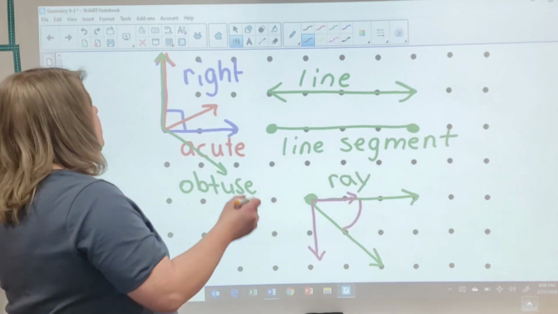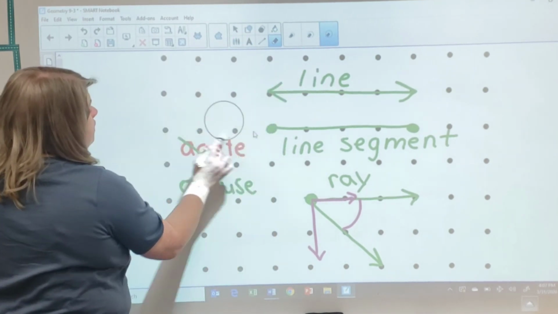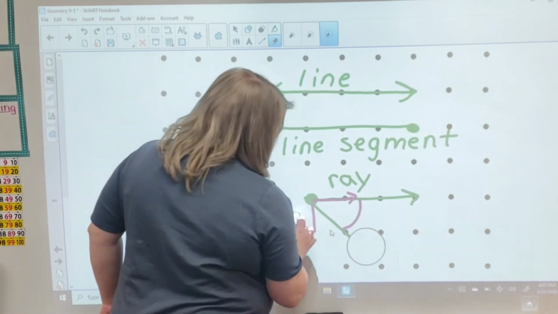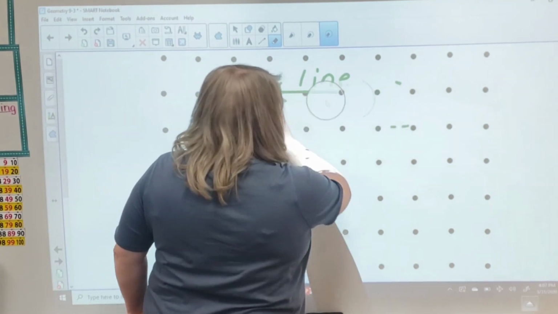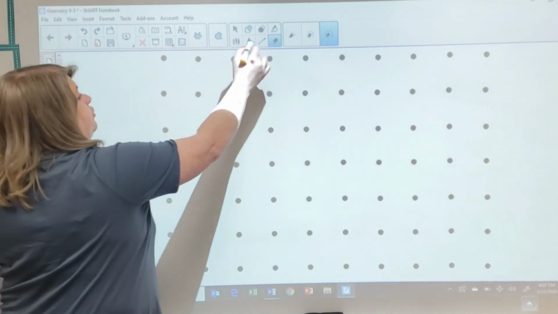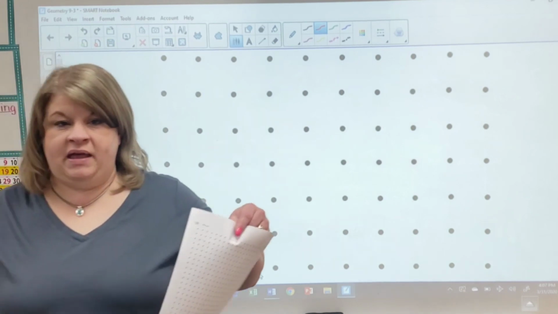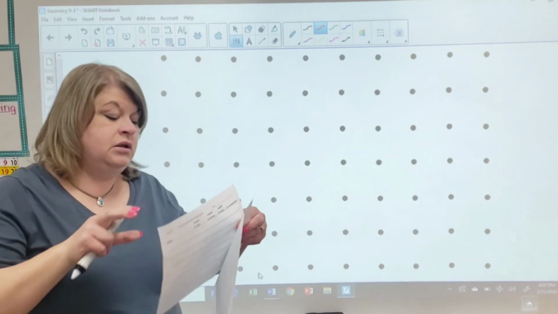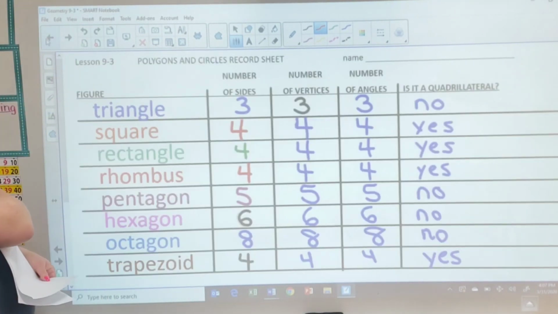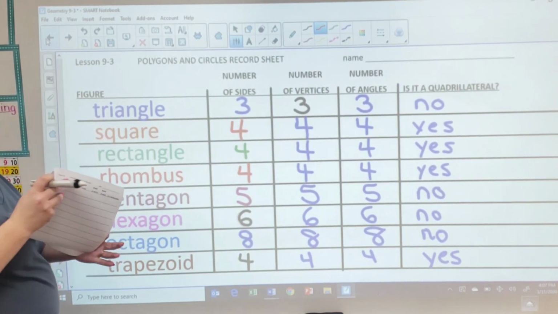Okay? All right, good. Now you need out a pencil, and you need your dot paper. You also should have out your recording sheet from yesterday. So you'll have out your dot paper and your sheet filled in.